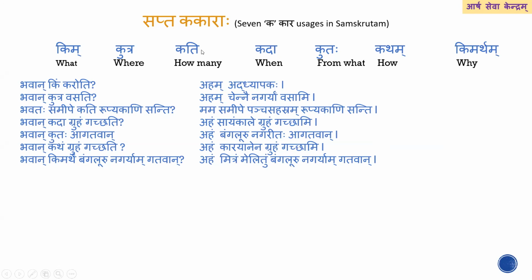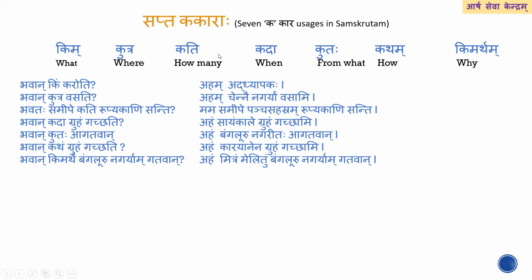Only kati, when you say how many, it has something to do with how many what. I have to ask some namapadam. How many pustakams? How many phalani? Or how many something, right? That is why only kati has something to do with the next namapadam.